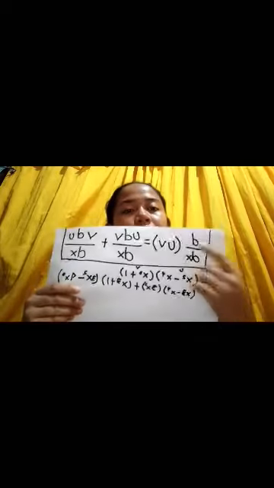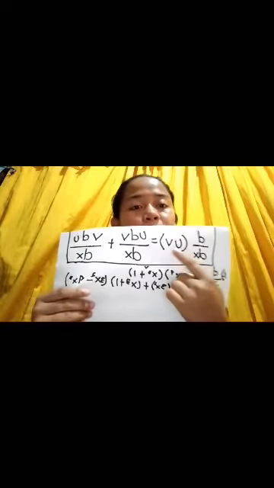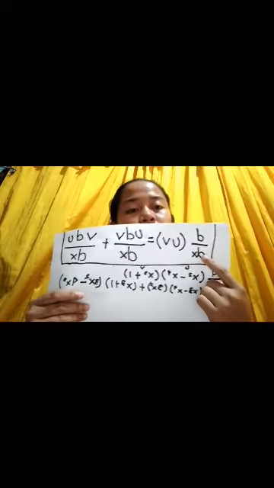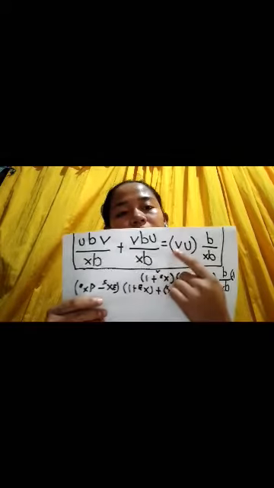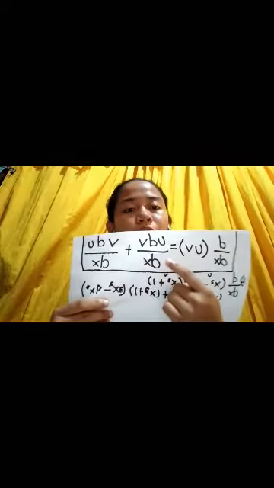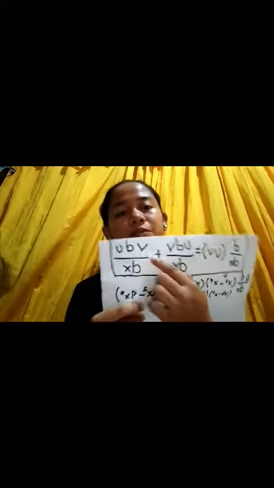This is our fifth formula. Derivative of u times v with respect to x equals u derivative of v with respect to x plus v derivative of u with respect to x.